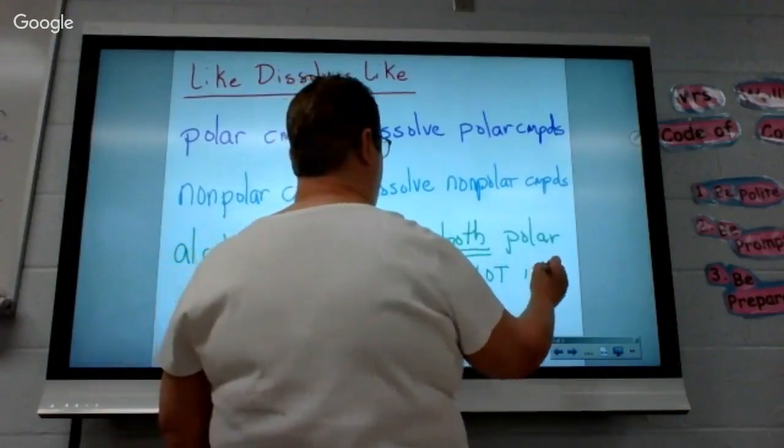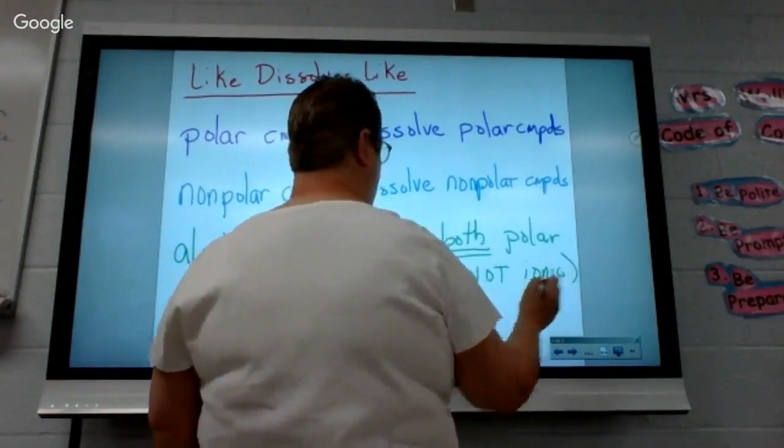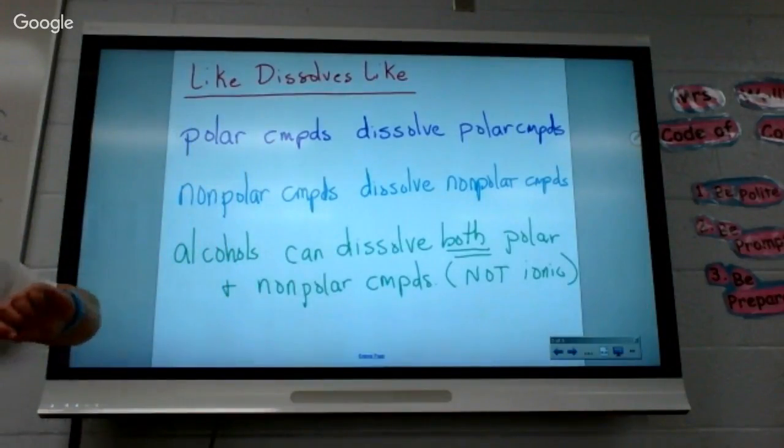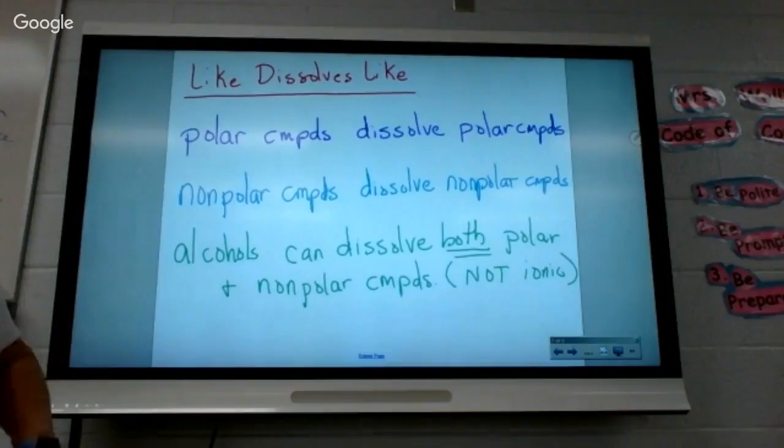Not ionic. All right. Alcohols can dissolve both polar and non-polar compounds, not ionic.